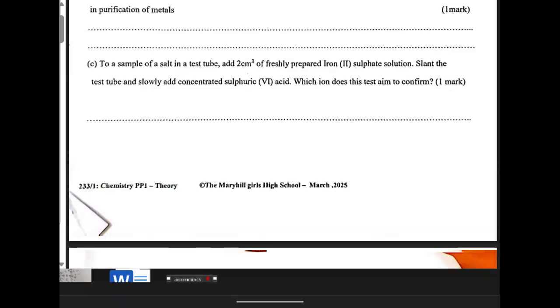That is where the reaction will take place, because that is where the two reactants are. The iron 2 sulfate is on the upper side, and the acid is on the lower side. So the reaction will take place at the layer.